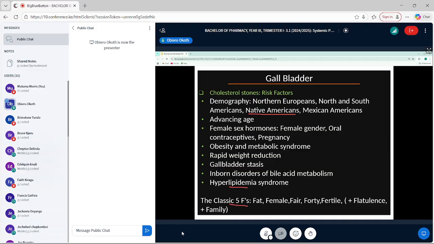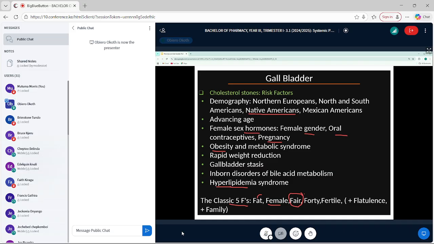We see this in patients who are fat, so there's obesity and the hyperlipidemia syndrome. We see them a lot in the female gender, with female sex hormones, oral contraceptive, pregnancy. Fair, this is somebody who is not dark skinned, light skinned.